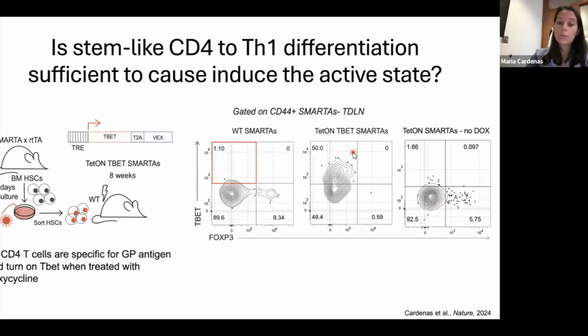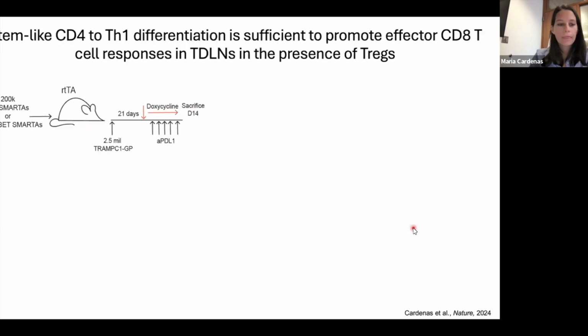Our TET-on TBET SMARTAs in the presence of doxycycline, we can enforce them to be Th1s, and I'm not showing it here, but this is full-on Th1s. They can produce interferon gamma, they fully downregulate TCF1, etc. But these cells are not broken, right? Without the presence of doxycycline, they become stem, they differentiate into Tregs, and all the things normal wild-type SMARTAs would do. Right, and so this is the experiment.